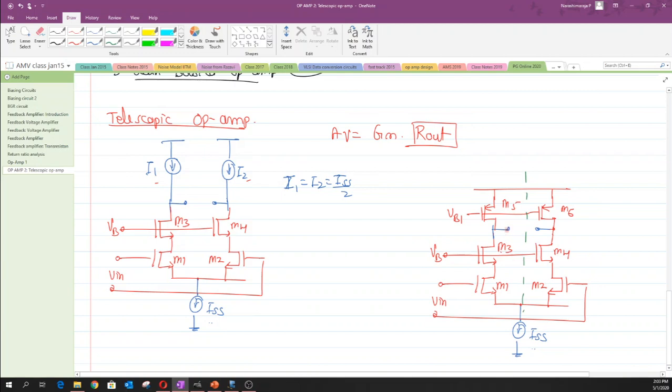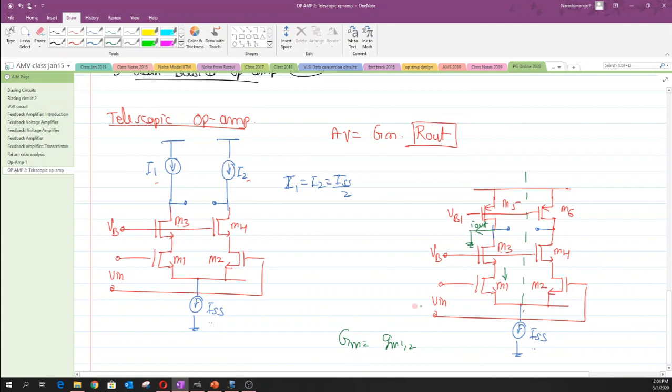In order to evaluate the capital GM one could bring this node to the ground and measure the I out. Once you do so we would have this current flowing across this M1. The small signal current would be driven to the output, and due to which we end up having a capital GM equal to GM 1, 2.